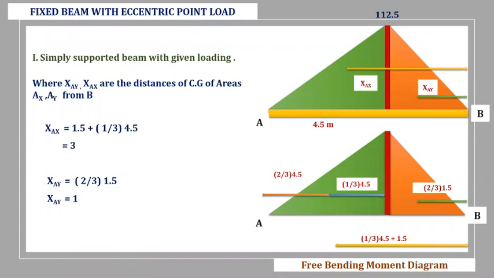If we go to the green triangle, first I will identify it. For the second diagram, its distance from the apex is 2/3, from the base is 1/3. Now we calculate x bar: XAX equals, from point B, 1.5 plus 1/3 of the 4.5. XAY, the orange shape, is 2/3 of the 1.5, so that is 1.